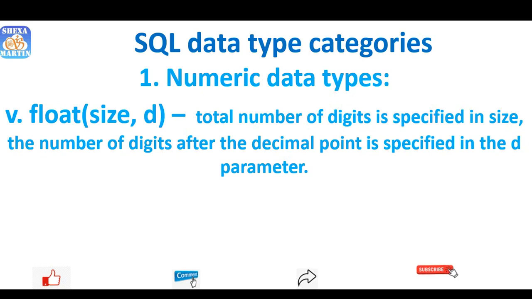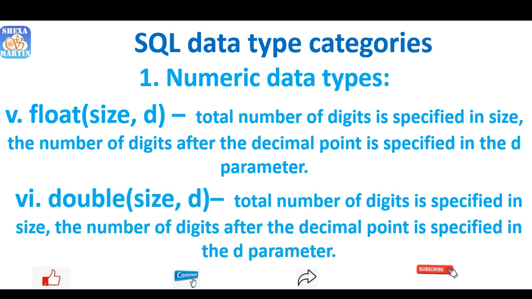So a float is a value that contains a comma. A float defines a value that contains a comma. So the total number of digits is specified by the size parameter, and the number of digits after the decimal comma is specified by the d parameter. So size determines the number of digits, and d determines the number of digits after the decimal comma. So float is there for us.